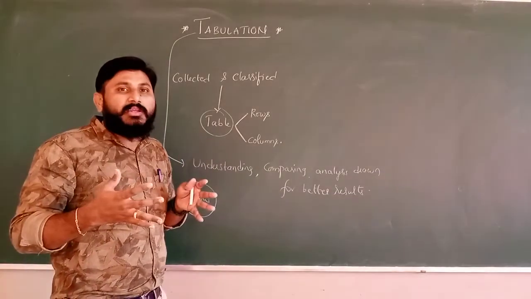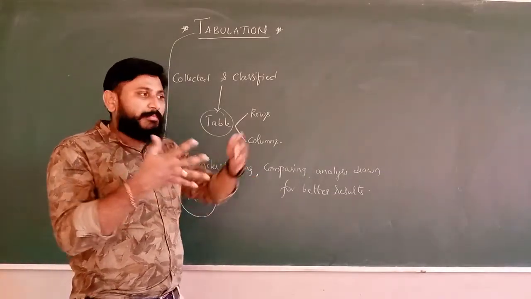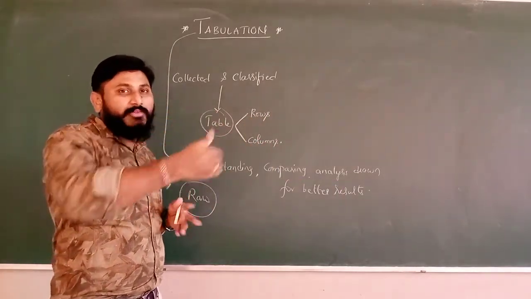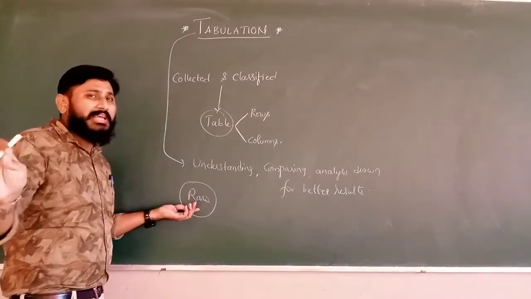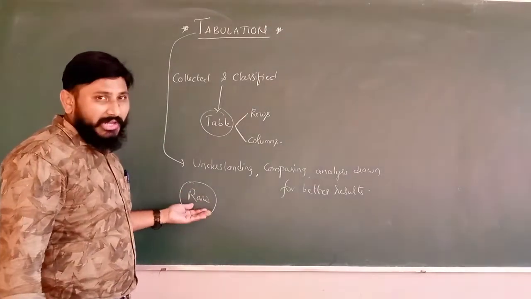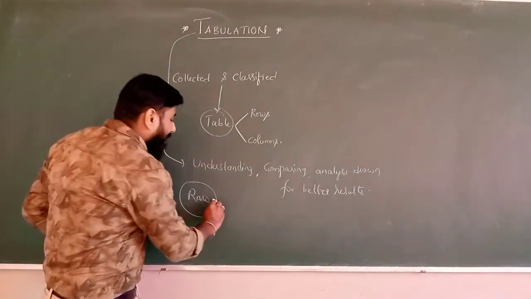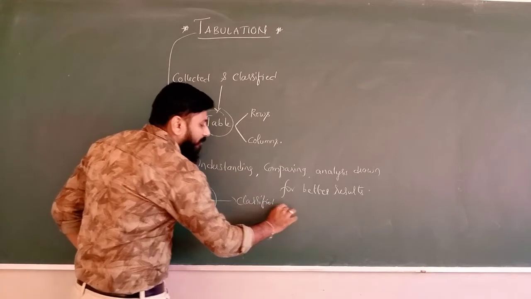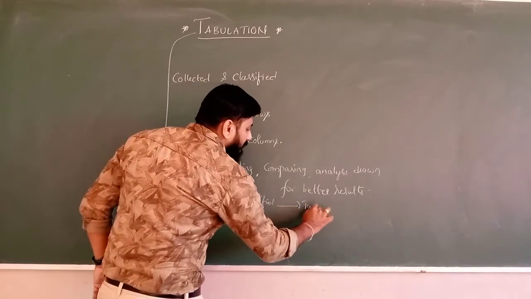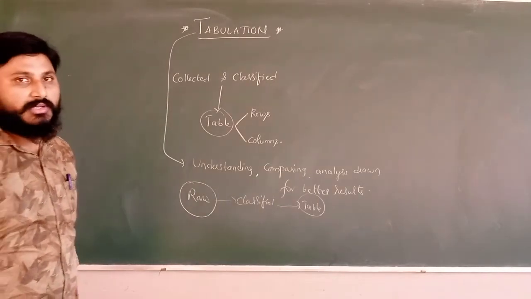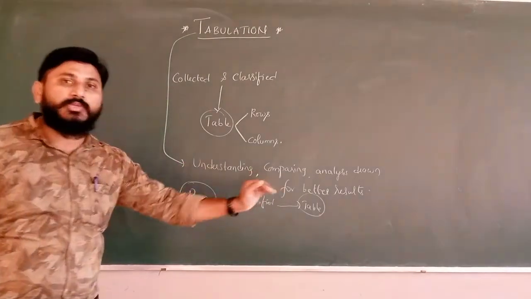Raw rice will be there, and after polishing it, pure rice is generated. In the same way, when raw data is not in any form, that raw data will be polished or classified. That classified data only we are forming into tabulation in the form of rows and columns, right? This is how the process is done.